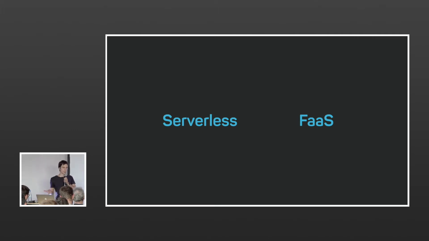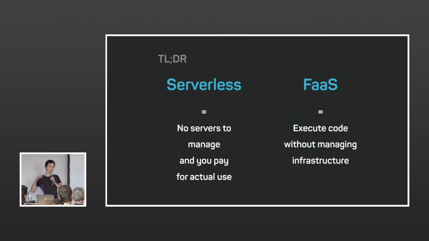Now, you might have heard these two terms used sometimes interchangeably, so it's very important to know exactly what they are. If I were to focus it down to the simplest possible definitions, serverless basically means that a service has no server to manage and that you pay for actual usage of that service.